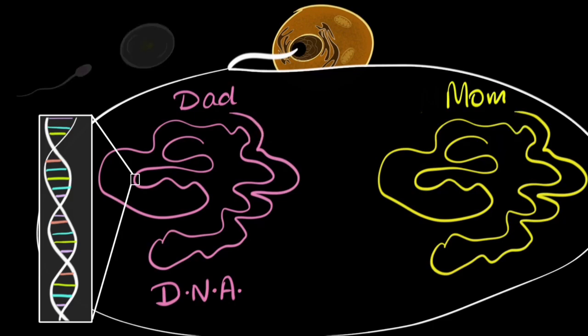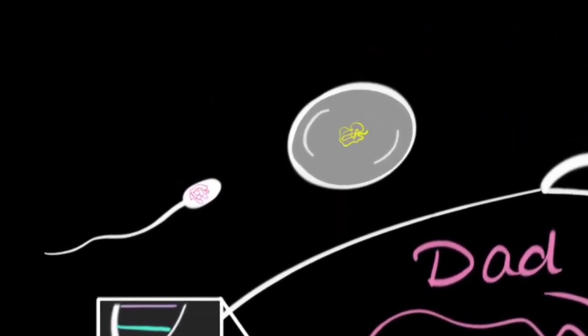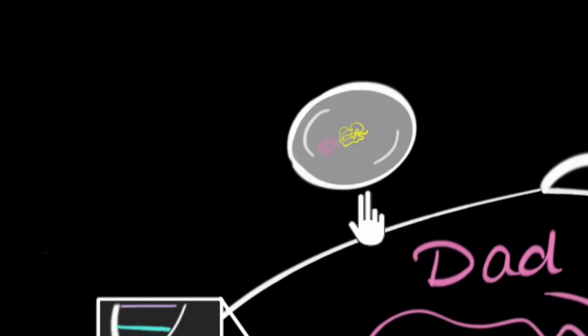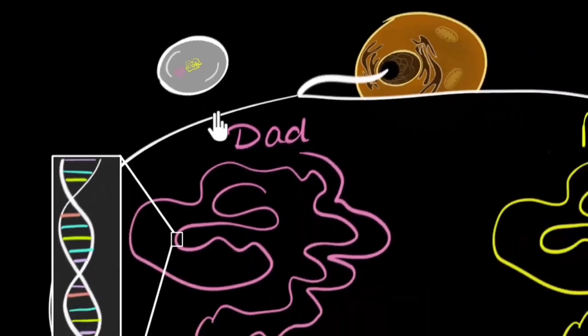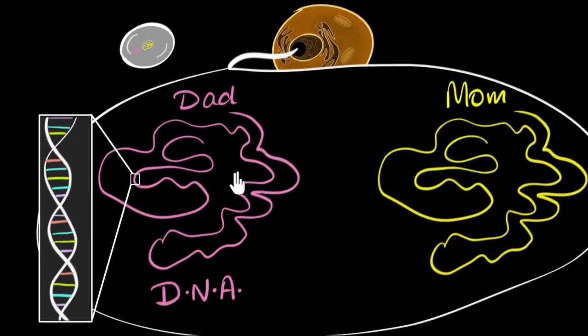In fact, and this might sound a little weird, but just before my dad's sperm fertilized my mom's egg, this DNA was present in that sperm. And this mom's DNA was present in her egg. And then when fertilization happened, the 2 DNA came into one cell. And then that single cell started dividing. And every time it divided, a copy of this DNA was made. Which makes sense, right?